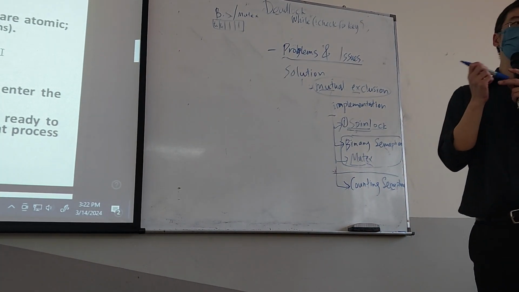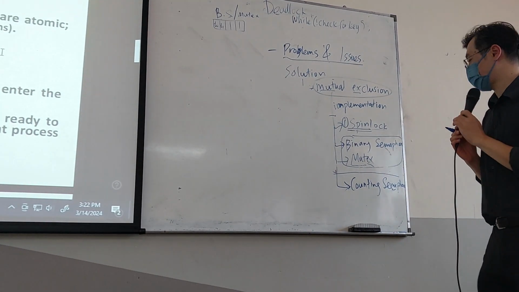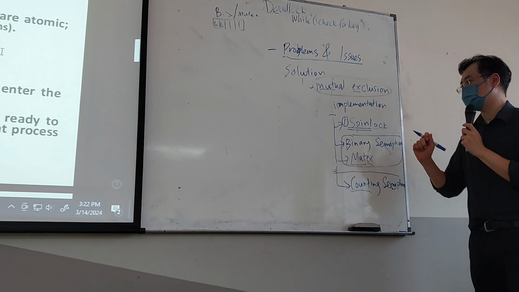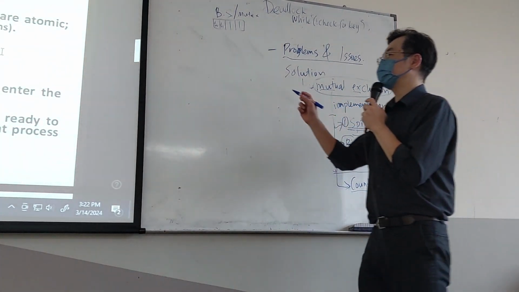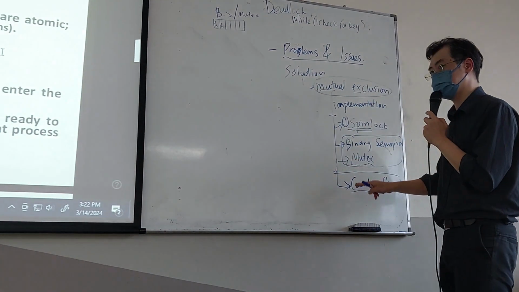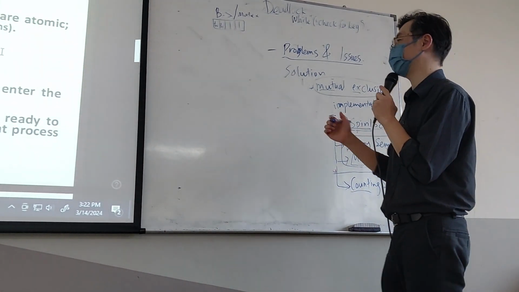Why do we need counting semaphore? Before I go into counting semaphore, let's look at the binary semaphore first, because binary semaphore is actually a counting semaphore with the number of 1.